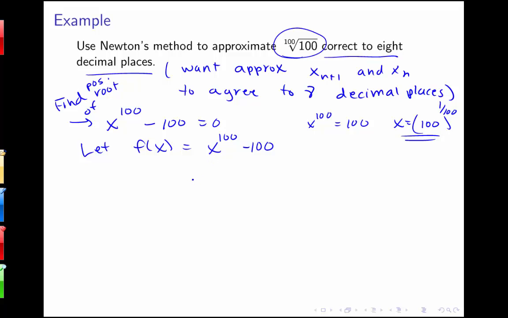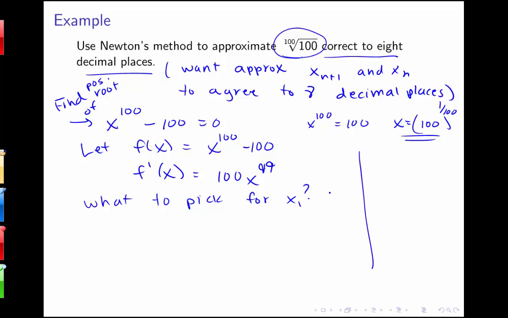So I need to be careful when I'm picking my x1. Well, first let's go ahead. We know we're going to need the derivative, so we've got 100 x to the 99. And then I need to think, what should I pick for x1, for my first approximation? So you might think that you should pick 1 maybe as a first choice.